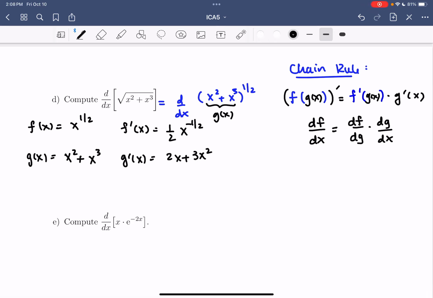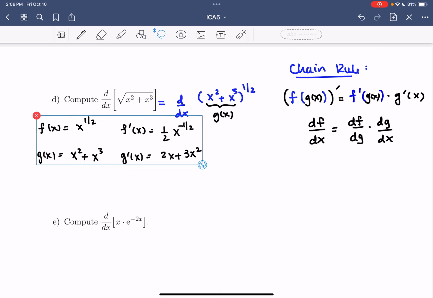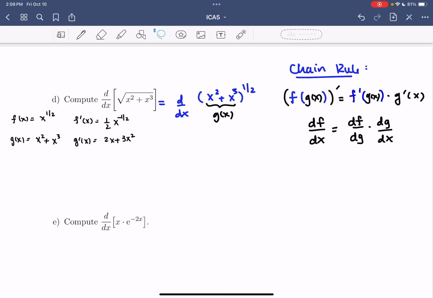And I'm ready to put my derivative together. So let me make this a little smaller. So according to the formula, I need the derivative of f evaluated at g. So I take the derivative of f and I replace x with g.